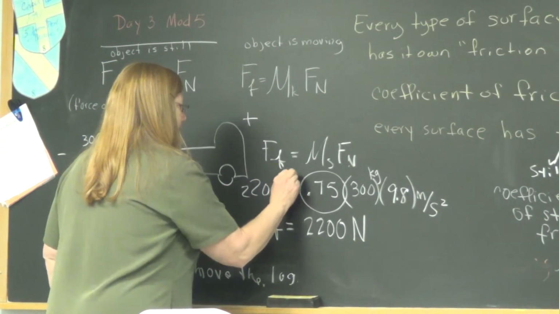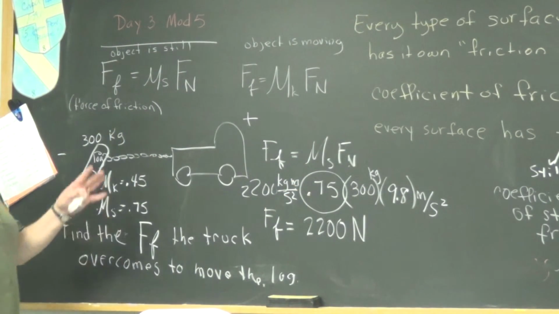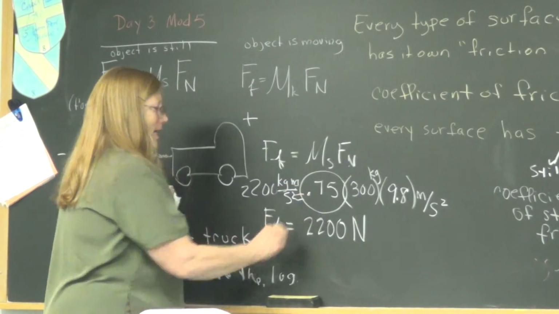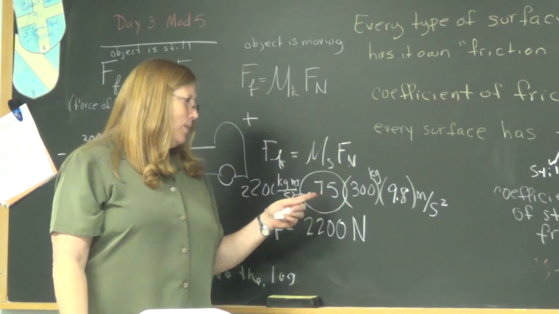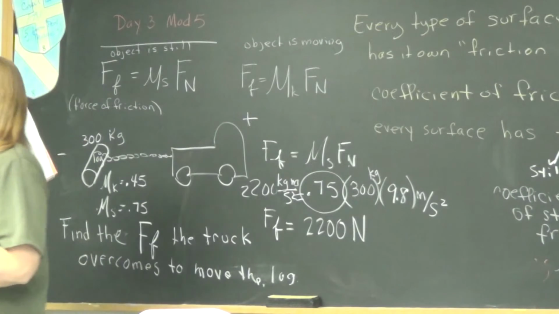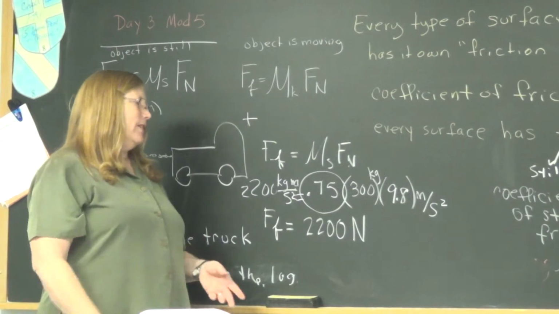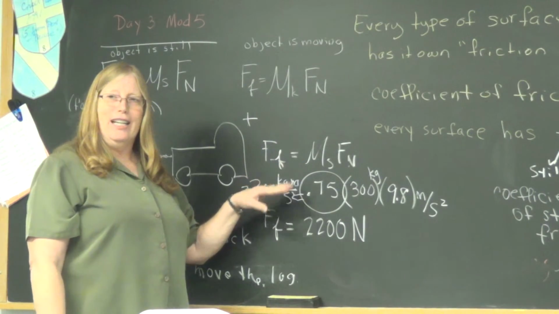So I'll use the long version. If we have kilogram meters per second squared on this side of the equation, and kilogram meters per second squared on this side, what must be the unit for the coefficient of static friction? Any thoughts? If I say pounds, it wouldn't match, because then I'd have a different unit here and a different unit here.